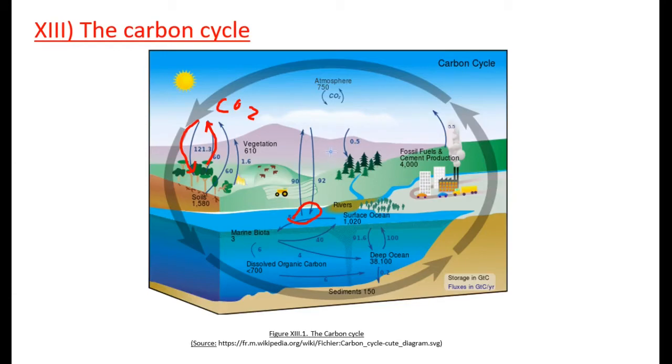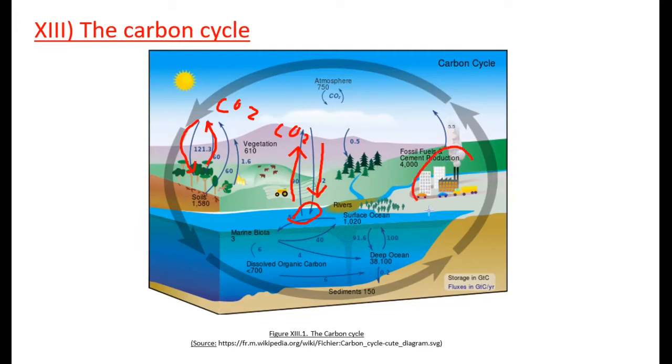So when you've got CO2 coming in, that's going to be photosynthesis. And when you've got CO2 which goes from water to the atmosphere, so CO2 is produced, again that is respiration, perhaps also fermentation, done by these plants and animals, which is going to release CO2 in the atmosphere.